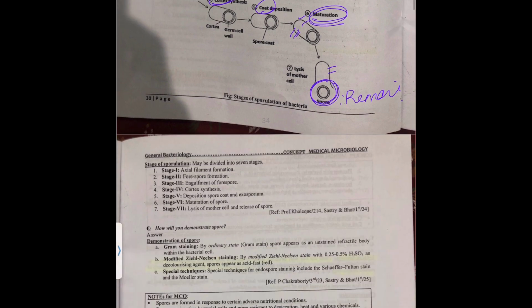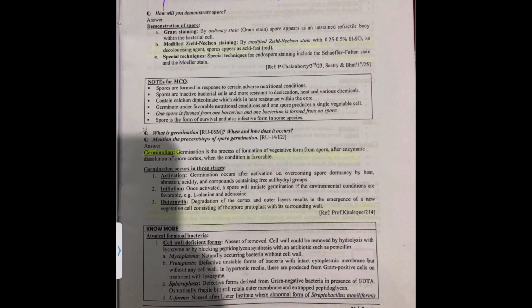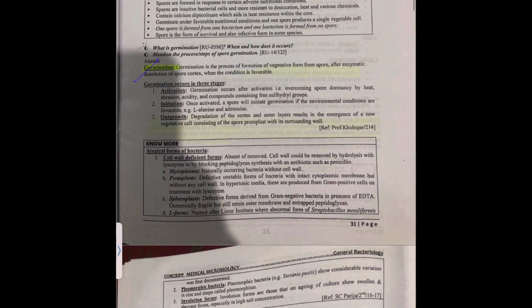So these are the stages: axial filament, forespore, engulfment, cortex and coat deposition, maturation of spore and lysis of the mother cell. Spores can be identified by special techniques which we'll read subsequently. And germination is the transformation of spore back to the vegetative form. So the vegetative form obtained from the spore is known as germination.